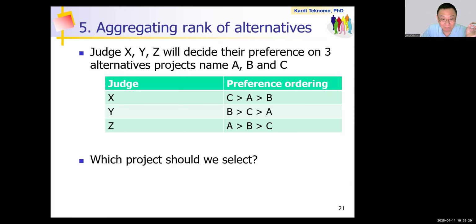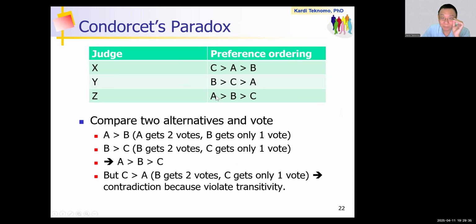What happens is we take the pair. A larger than B, how many times? This one, A larger than B. This one, A larger than B. So 2 times. A larger than B gets 2 votes.